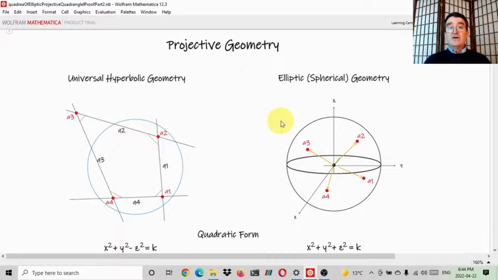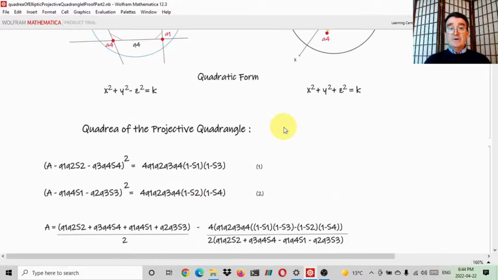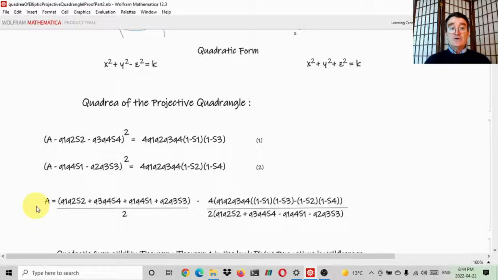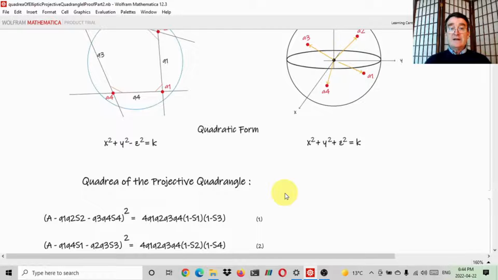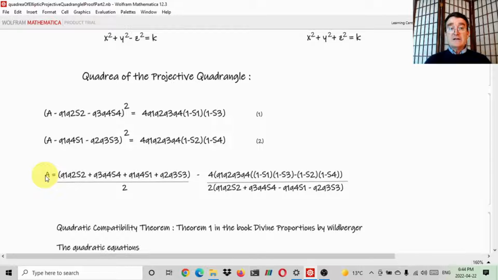They are exactly the same, and we'll show that in this video. We're going to substitute this equation for A back into one of these two equations and show that the left-hand side is equal to the right-hand side.